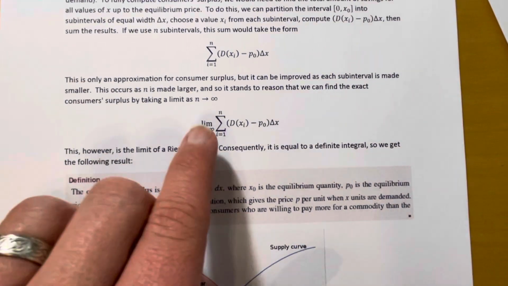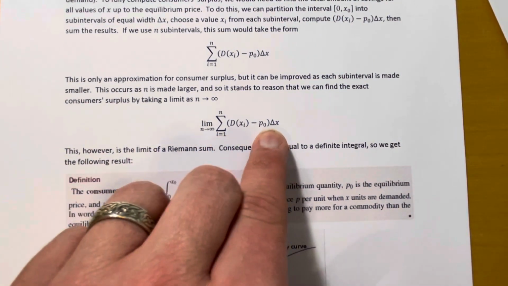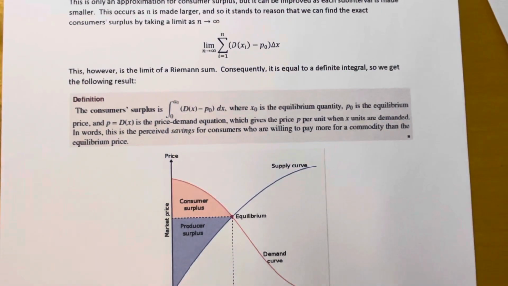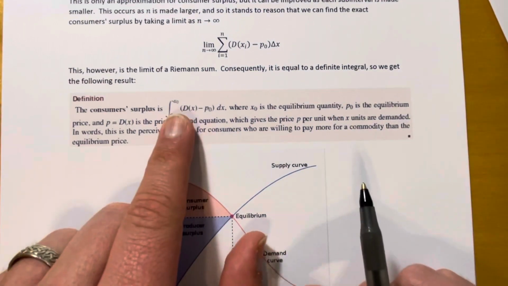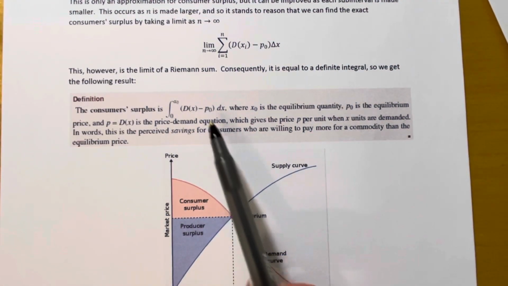In other words, we want to take a limit as that n goes to infinity, which takes this thing, which is a Riemann sum, and turns it into an integral, this integral specifically. And this, based on all of that derivation, is how we compute consumer surplus.